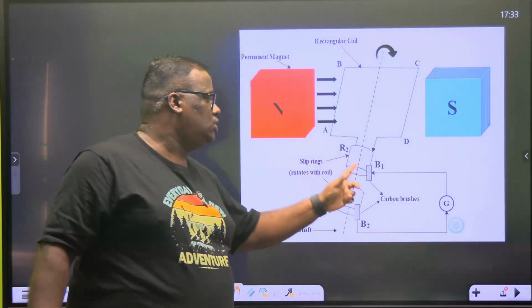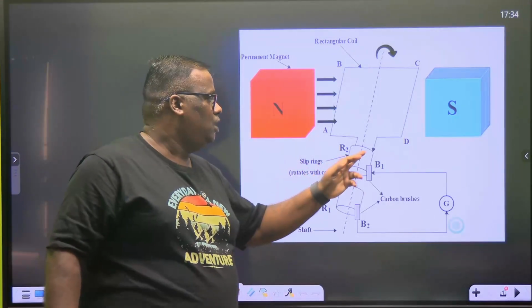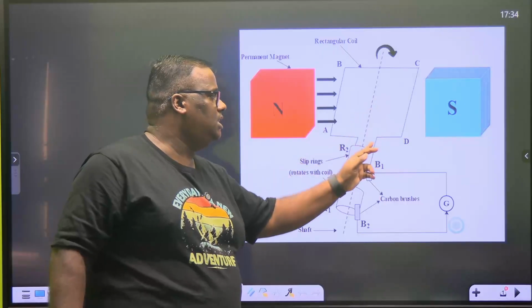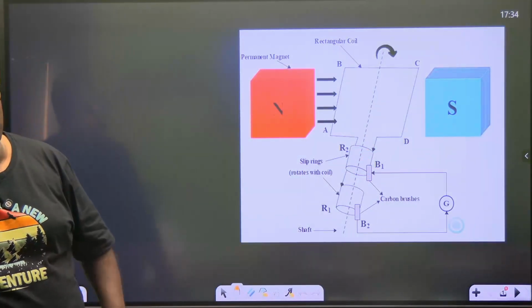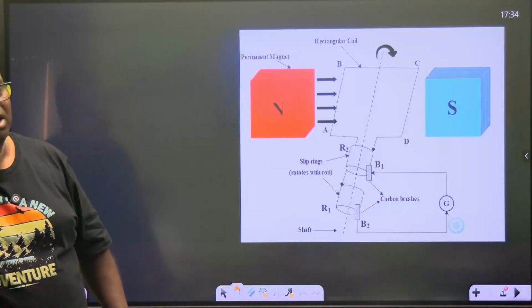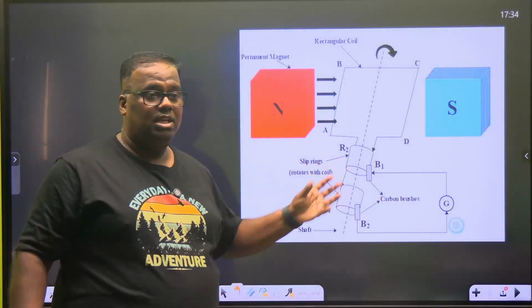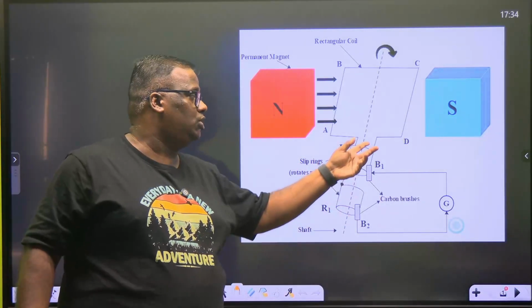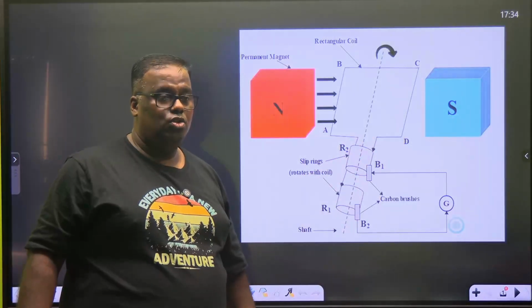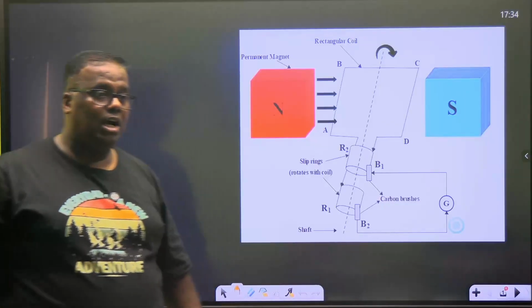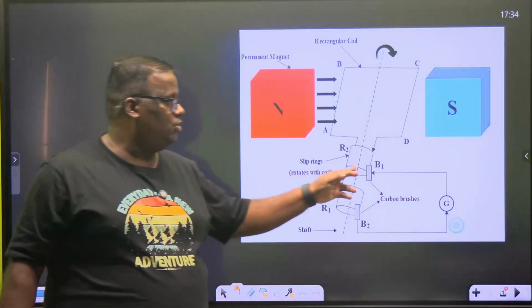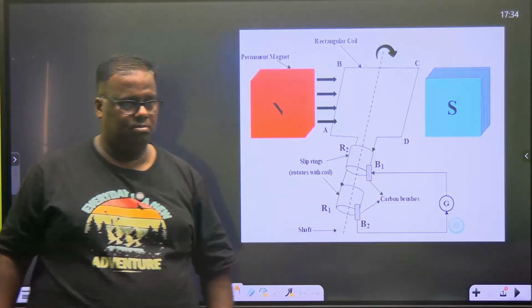This ring is a solid ring, which means if you look at this arm CD, it is always in contact with the R2 ring. Rather, the R2 ring is a part which is joined with CD. So if CD rotates, R2 also rotates, and R2 while rotating will always make physical contact with B1.